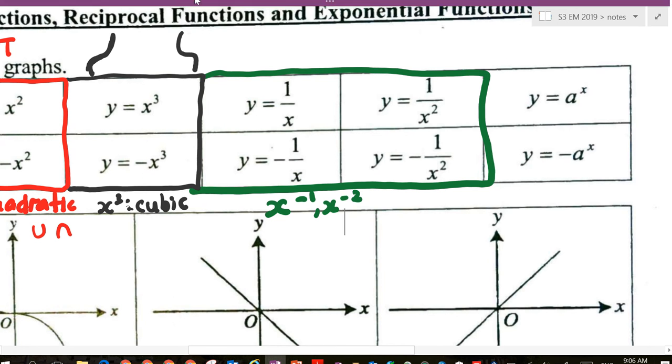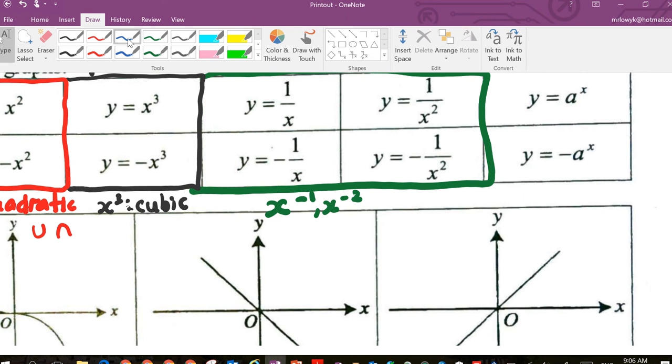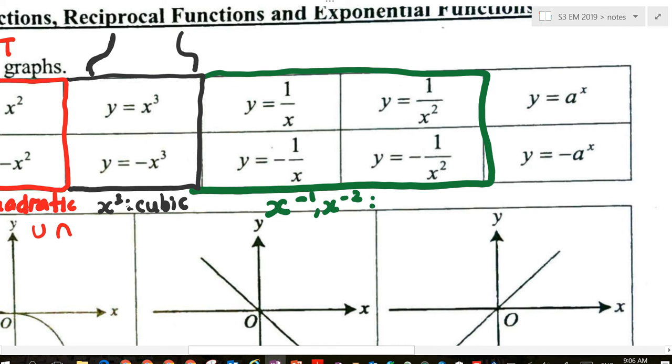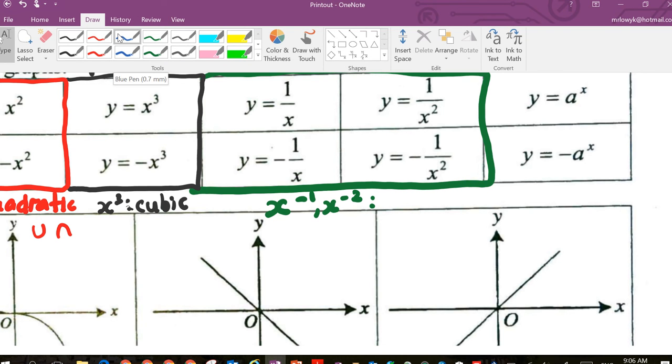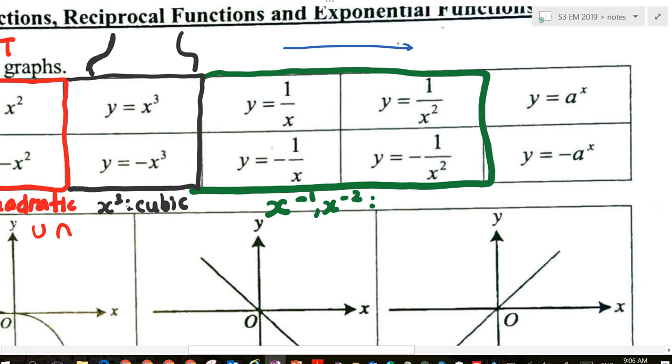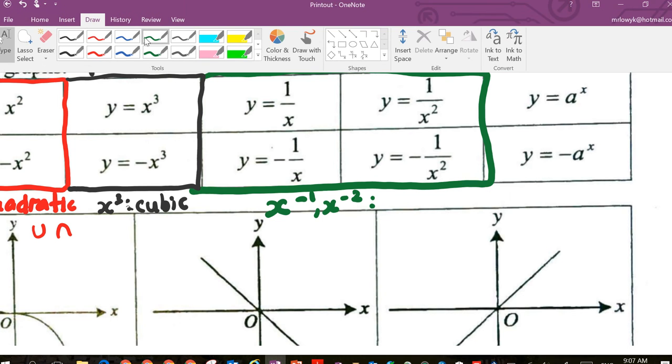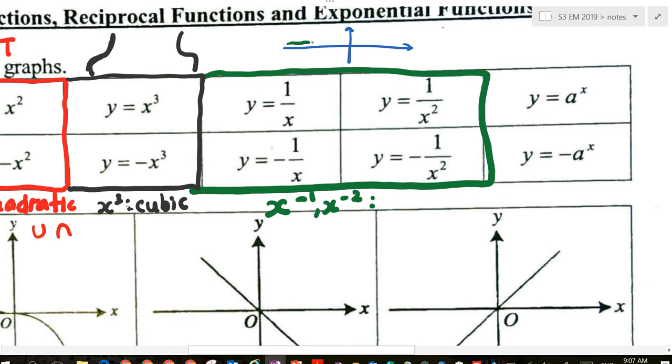Now this graph so far, my past classes tell me what this graph looks like, and then you give me a word to describe it, okay? This is my axis and this graph usually look like that. From here go up, from here come down, from here go up, from here come down.